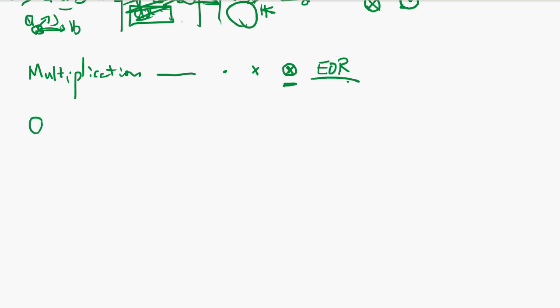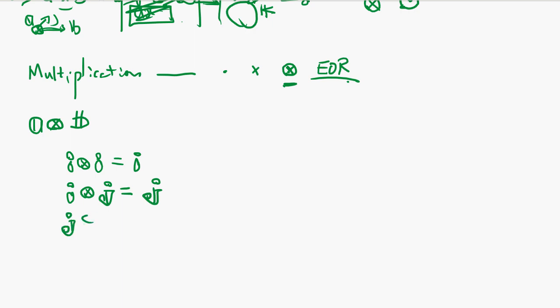We define this kind of multiplication of a and b. In this multiplication, i multiplied by i is going to be i, i multiplied by j is going to be j, and j multiplied by j is going to be minus i.